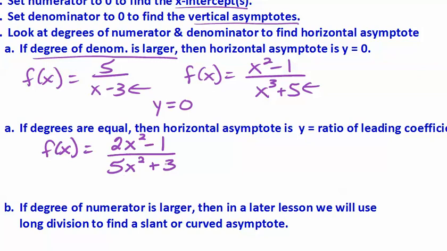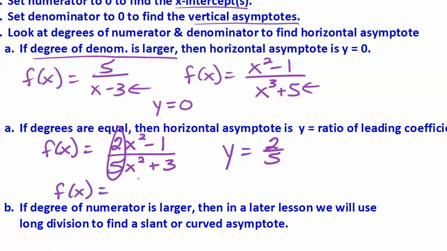The -1 and the 3 will become negligible when x is very large. But what we know is, if you think about this numerator becoming close to 2 billion, the denominator would be close to 5 billion. So when the degrees are equal, we take the ratio of the leading coefficients as our horizontal asymptote. And you're going to practice this some more.